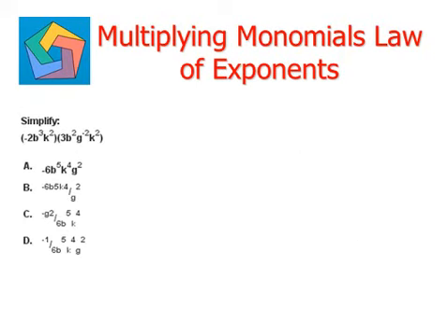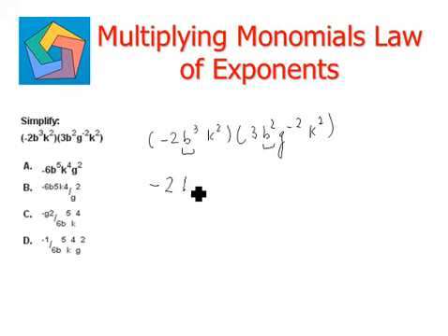Simplify. Here we have negative 2 b cubed k squared times 3b squared g to the power of minus 2 and k to the power of 2. Now let's see, we'll write the negative 2 alone, b here and b here. So bases are same, powers add up. So we write down like this.